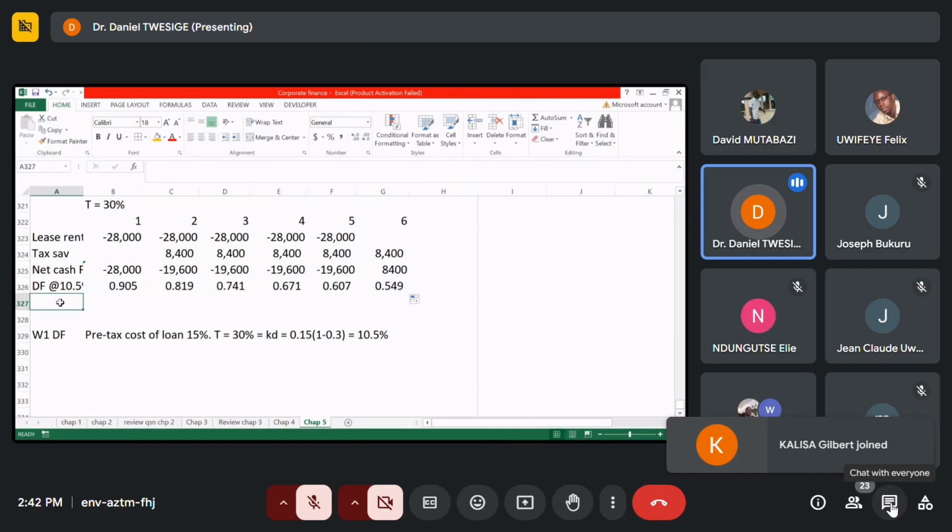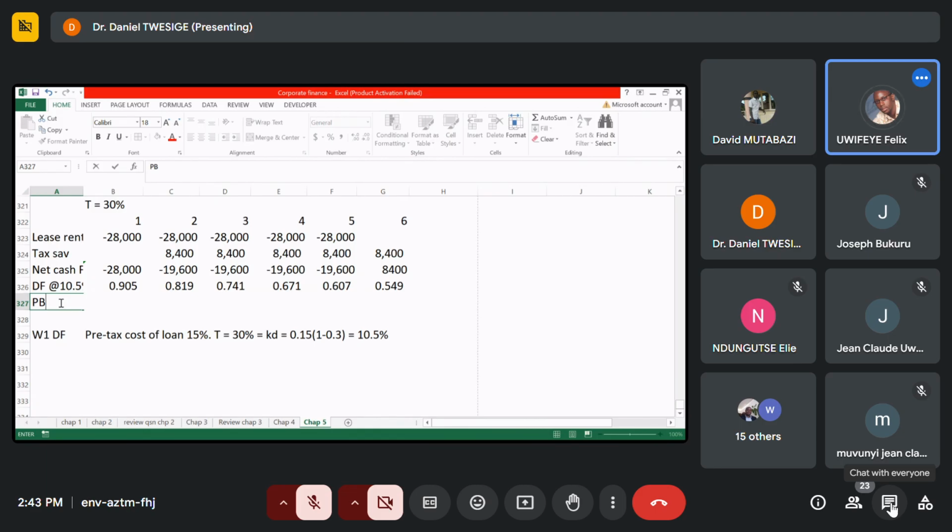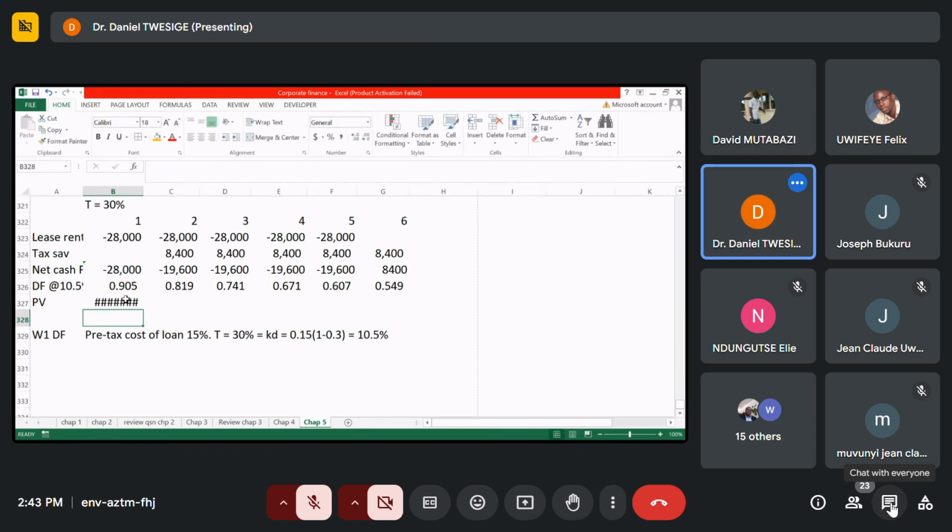So what is the present value? My present value will be this times the discounting factor. So what's going to be the present value cost of the lease?